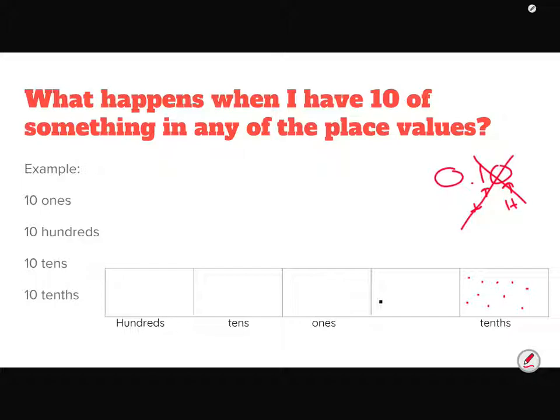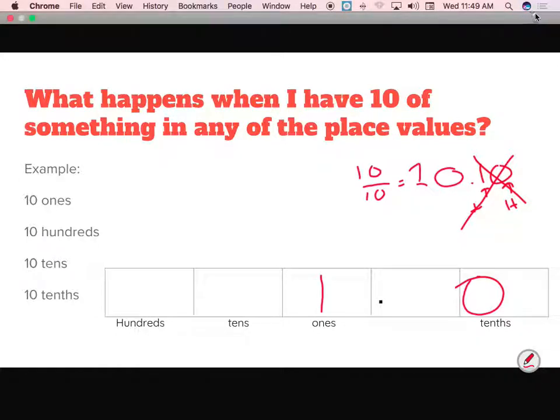If I have 10 tenths, I need to regroup that and make it into one whole. If I think of it as a fraction, if I have 10 out of 10, that means I have all 10 out of 10 things colored, which means the whole thing is colored in. So I would regroup 10 tenths, and 10 tenths is one whole. So keep that in mind because we're going to start working with that with our decimals.